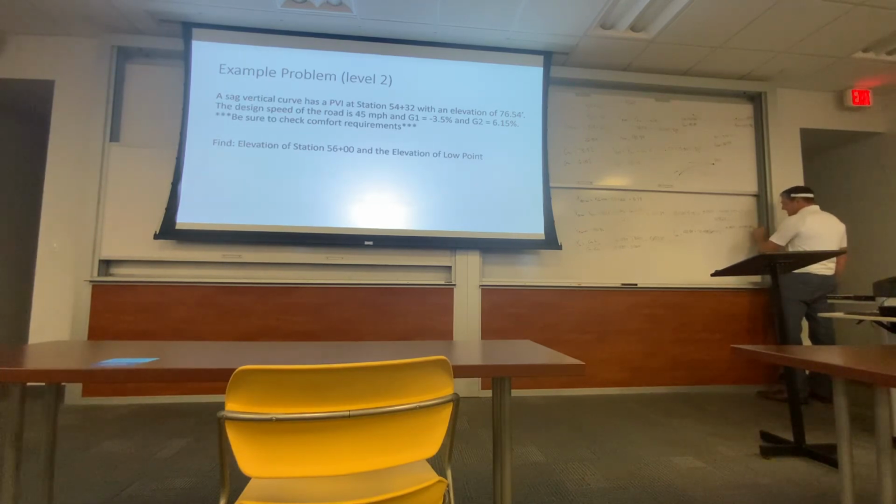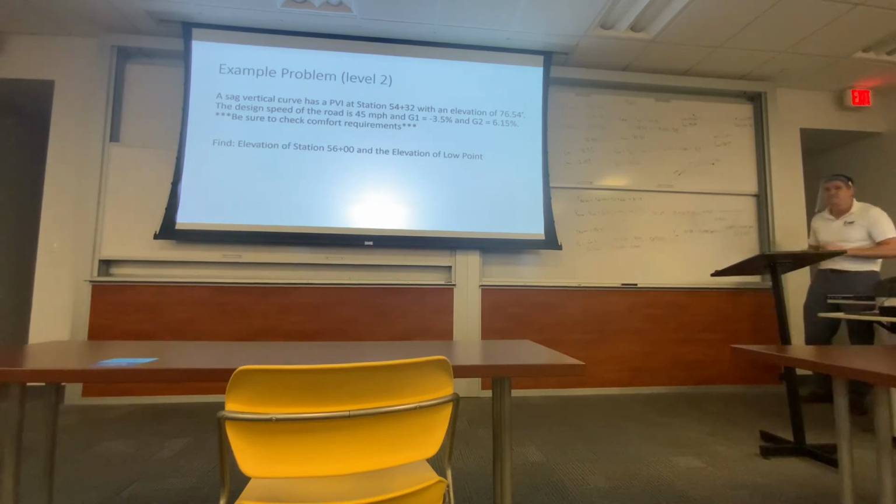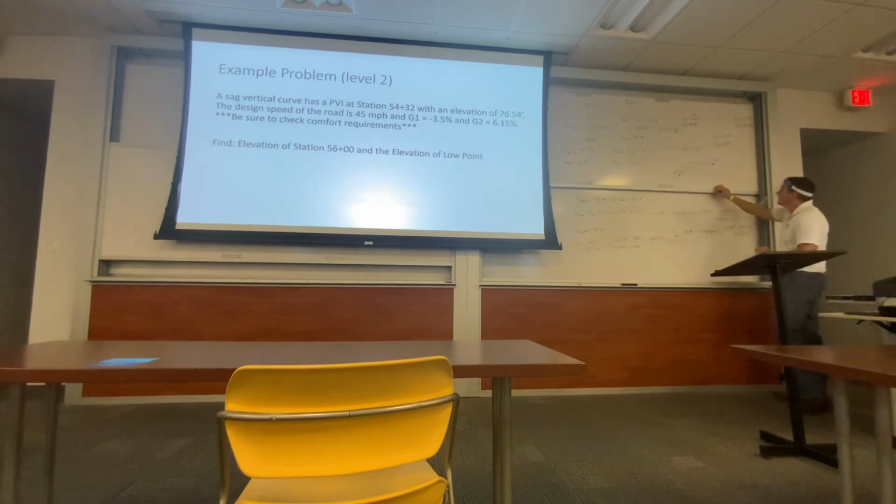I know no one can see this, but you should know what we're doing because it's identical to everything else that we just did. And that gives you some answer. 85.69.